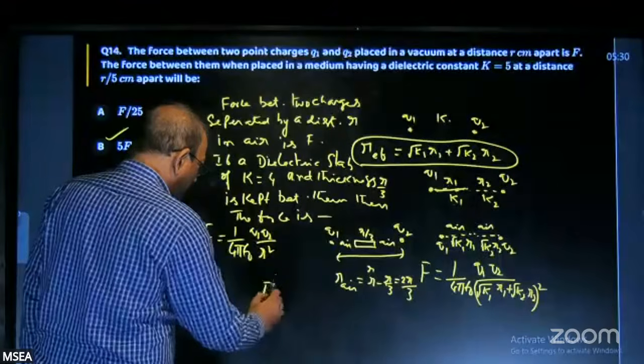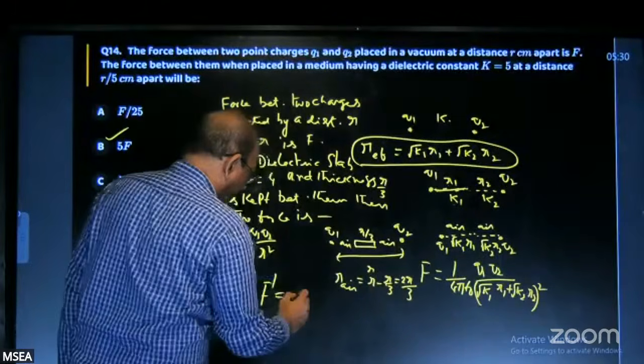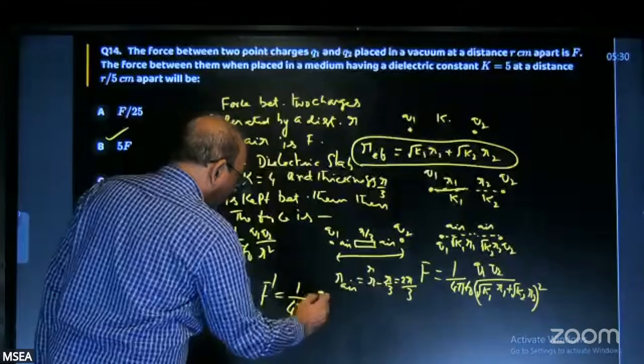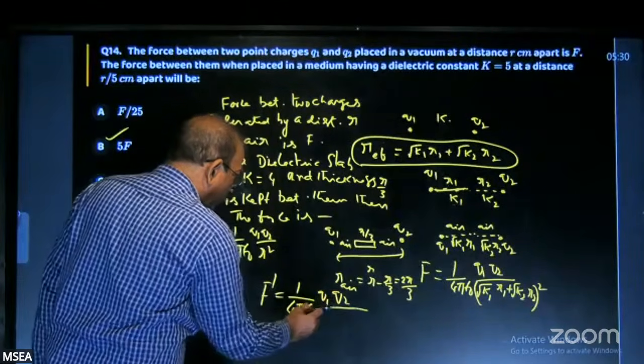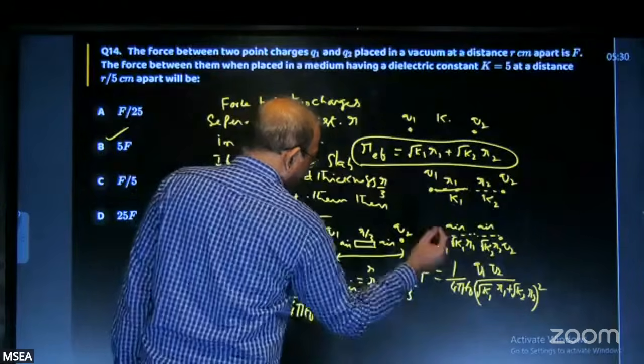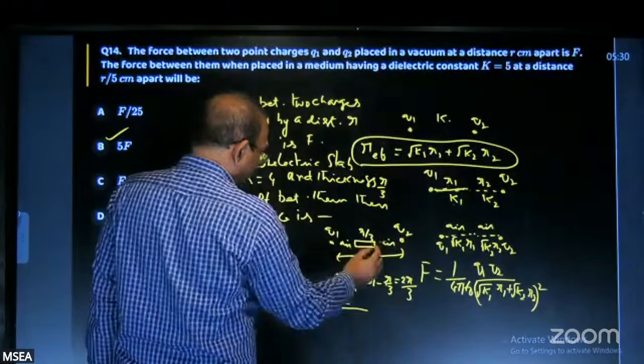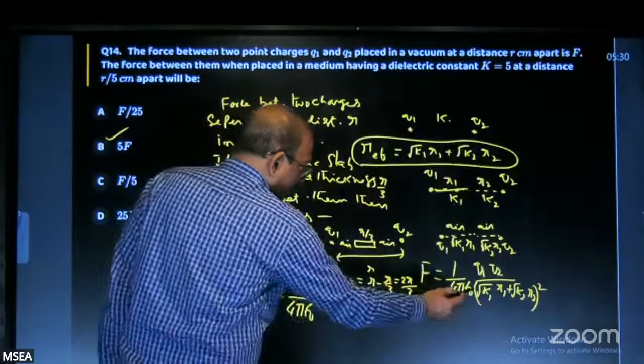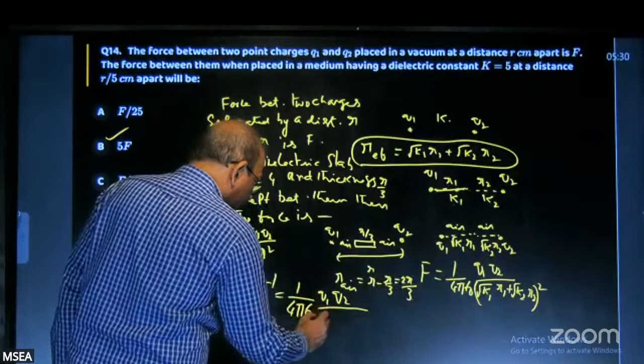Now find the new force applying this multiple media formula: 1 by 4 pi epsilon naught q1 q2 by root k1, air medium first I am taking. Dielectric constant of air is 1, root 1.